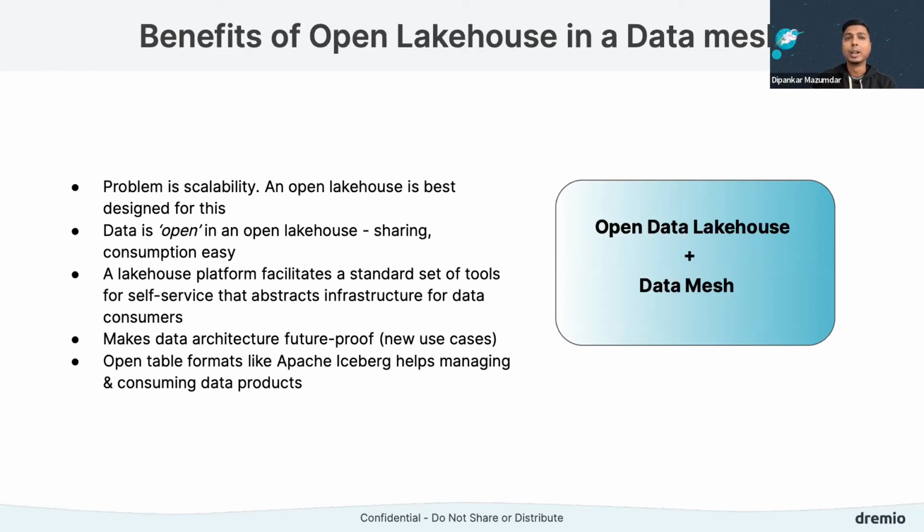Since this data is open and Iceberg allows multiple engines to work at the same time, I would assume a compute engine from the sales team would be able to directly interact with the data that is already open. So you don't have to worry about the interoperability part. We're solving that issue as well. How do you share the data, given that you are not going with any kind of microservices architecture?